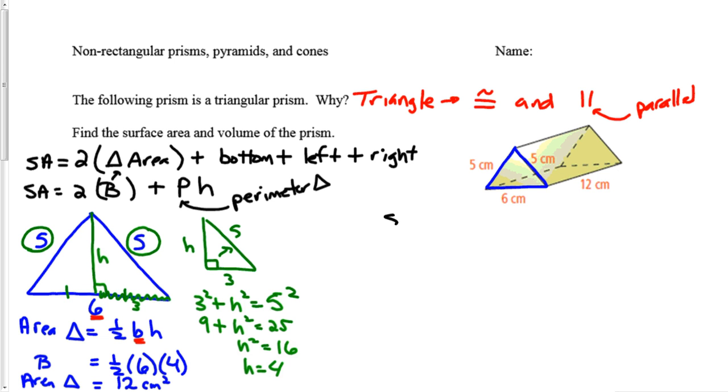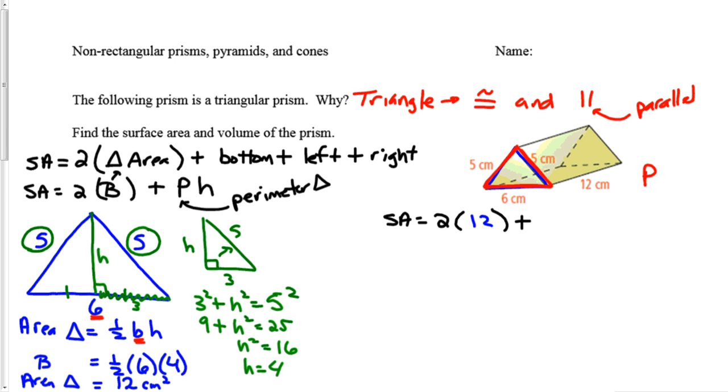So my surface area is going to be 2 times my B. And I already found the B. The area of the base is 12. I just did that. And then I'm going to add the perimeter. I haven't really talked about perimeter. Perimeter is add up all the sides of the base. So I'm going to add up all the sides.